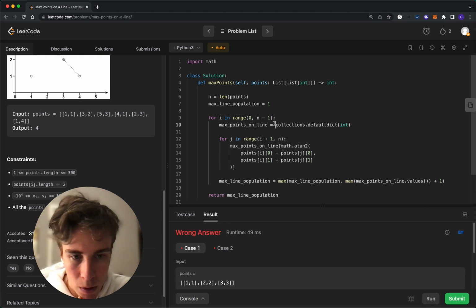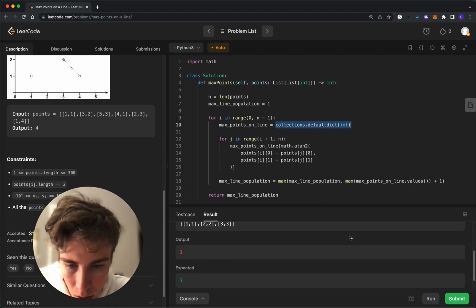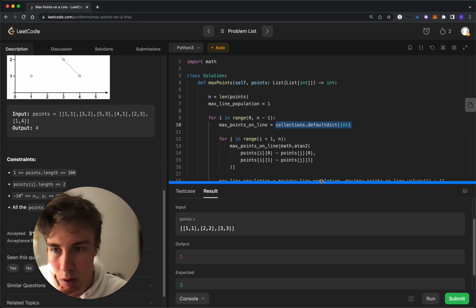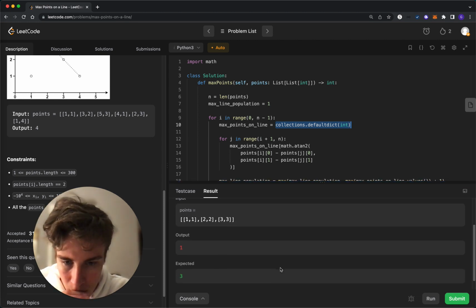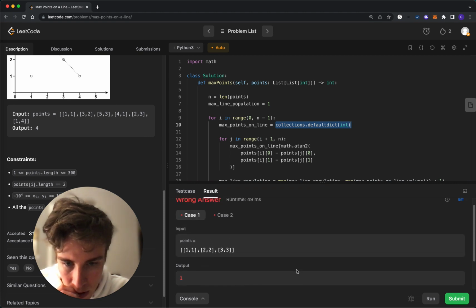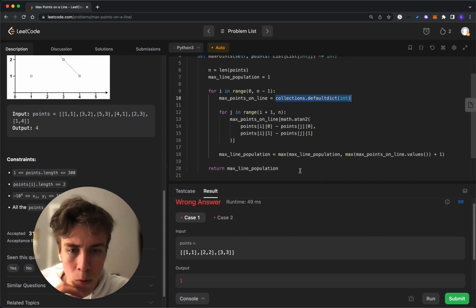Okay, so what I did here was I chose a specific collection where the key is going to be of type int. Output 1, expected 2. So why output 1?